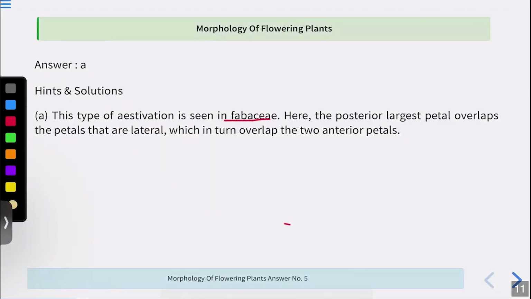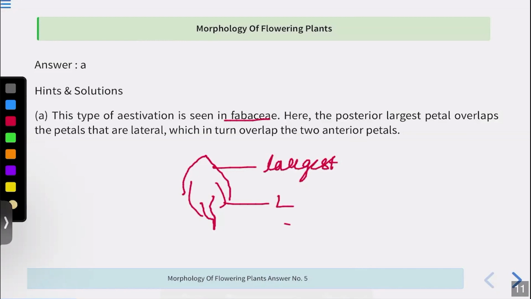So look carefully. There is a large petal, and it covers 4 small petals. Okay, the posterior one is the largest, and it overlaps the lateral petals.